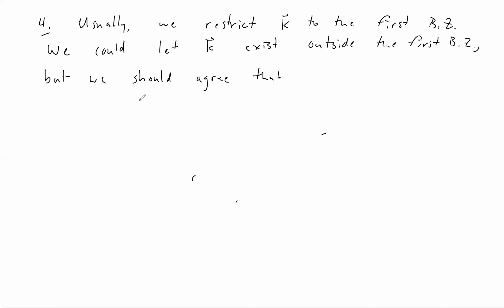that psi of n, little k plus big K, where again big K is some reciprocal lattice vector, should equal psi of n and little k of r. In other words, the wave functions and also the energies associated with wave vectors that differ by reciprocal lattice vectors should be the same.